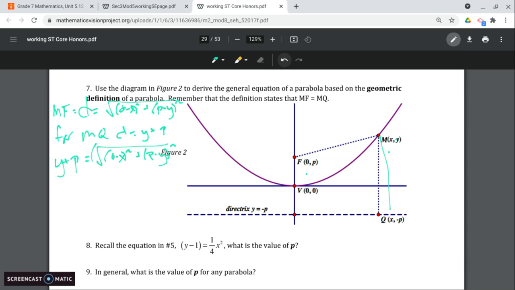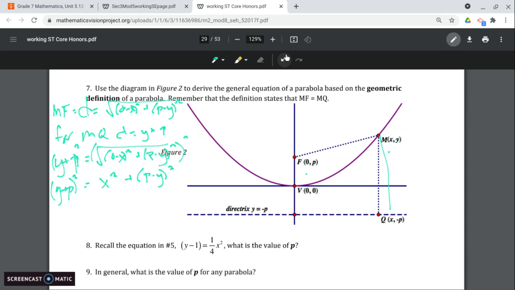Now, to get rid of the square root, we're going to square both sides. So we have y plus p squared equals x squared plus p minus y squared.